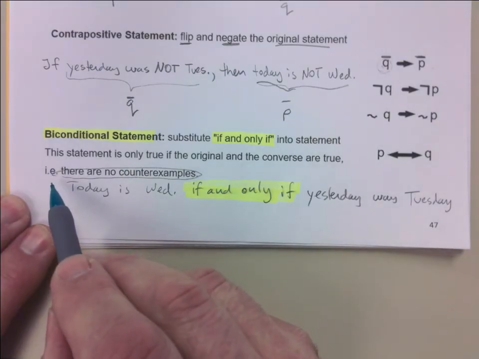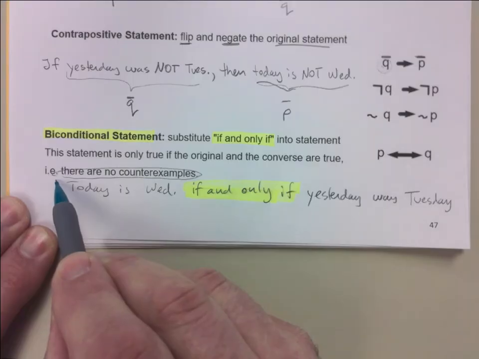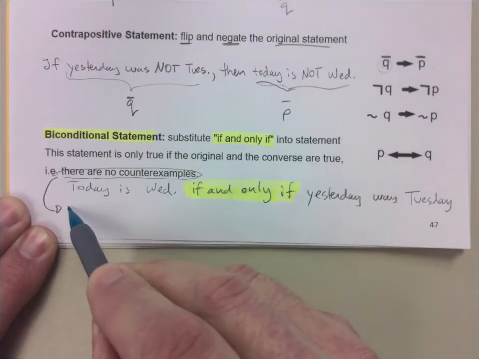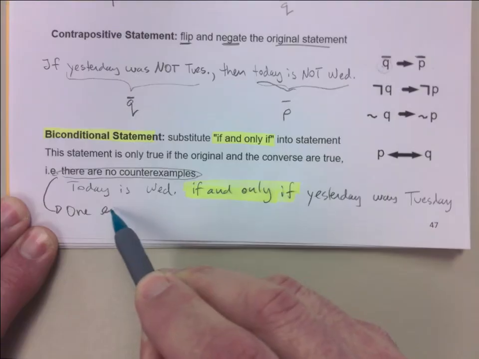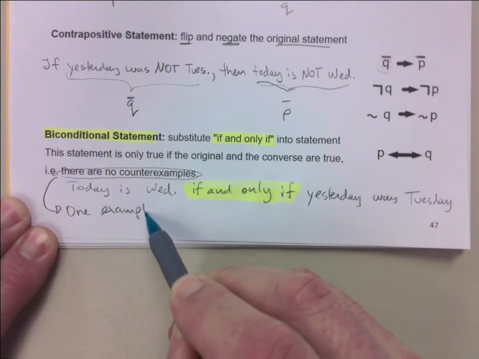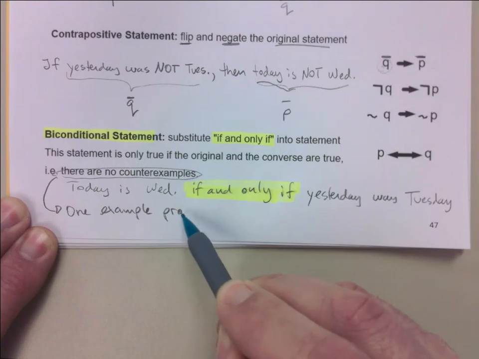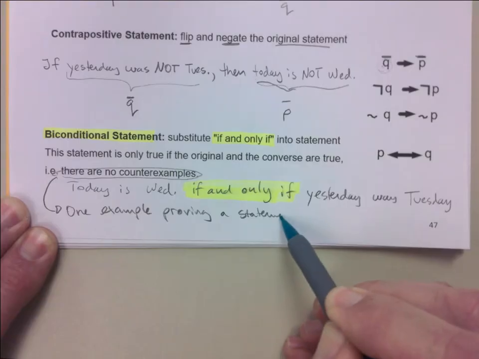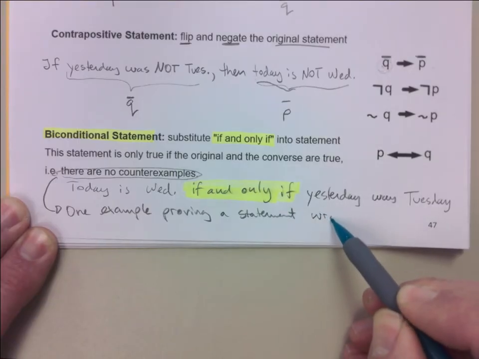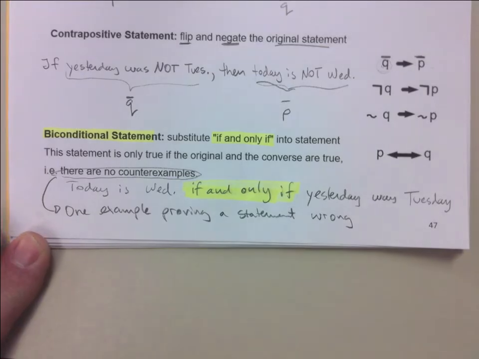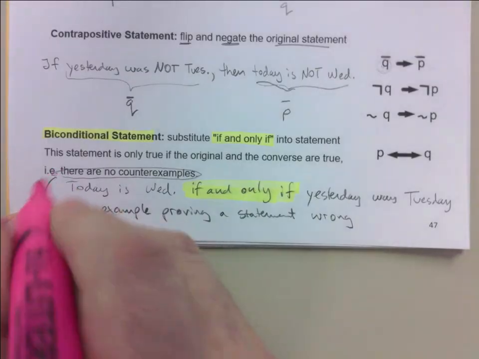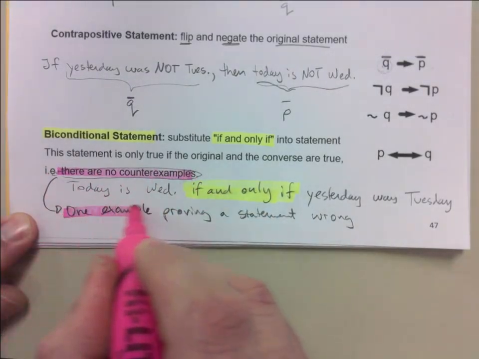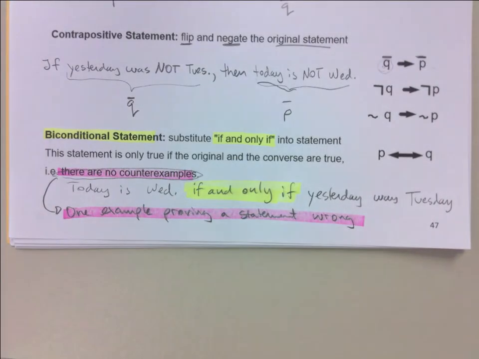You know what? I'm going to add this because we're already here. One example proving a statement wrong. I'm going to give this a color that I haven't used yet. An example proving a statement wrong.